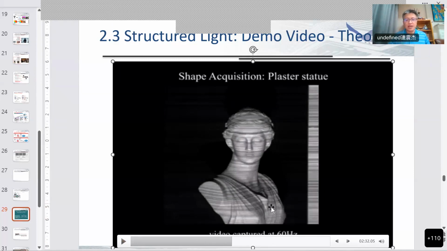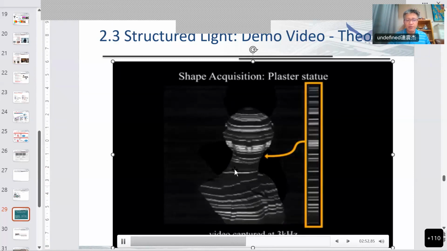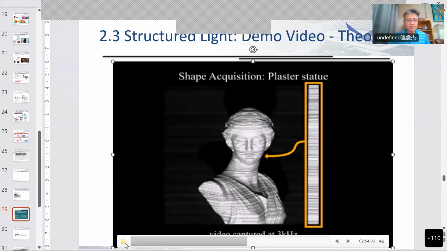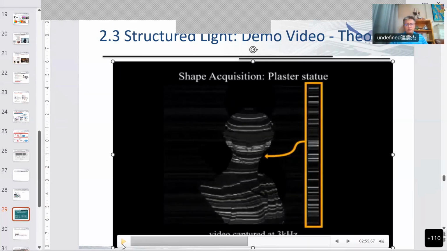pattern, or this kind of pattern. It also can project the color. By finding the best match between stripes on the object and the light. So why this one?